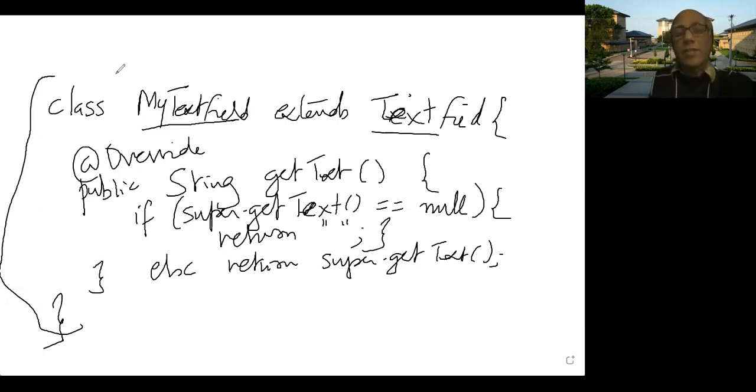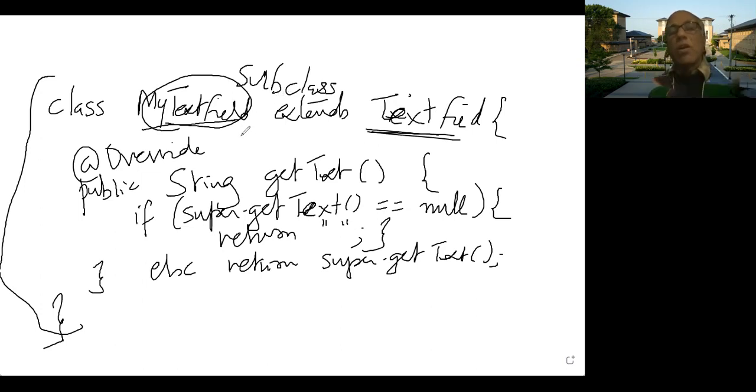This is called a class adapter. You are subclassing an existing class. TextField is the adaptee. MyTextField is the adapter. So you're subclassing the adaptee. You're exposing all the methods of TextField, but you are overriding one method that I wanted to have a slightly different functionality.